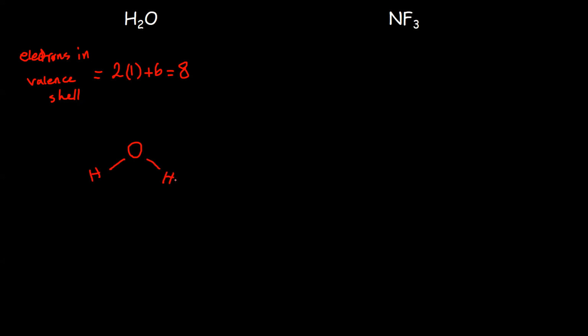After that, we need to start filling the outermost shell of the outer atoms. For hydrogen, we know hydrogen can only have 2 electrons. So the outermost shell of hydrogen is full because it has 2 electrons, that is the bonding electrons. And this one also is full because we have 2 electrons as bonding electrons.